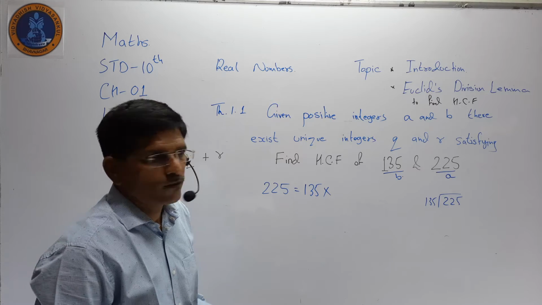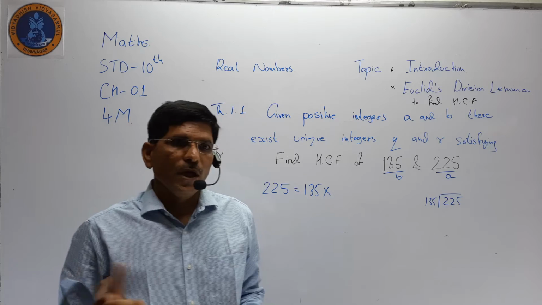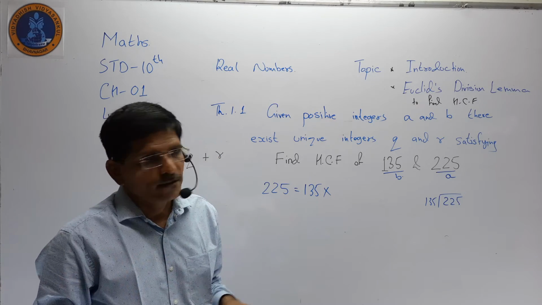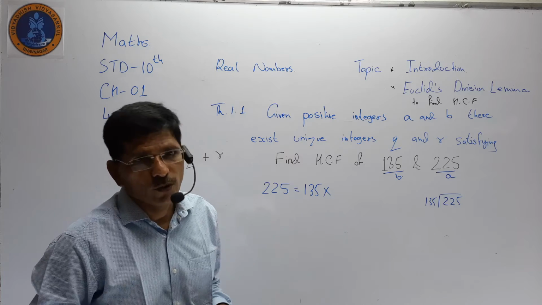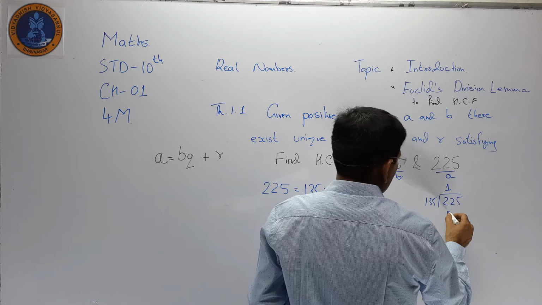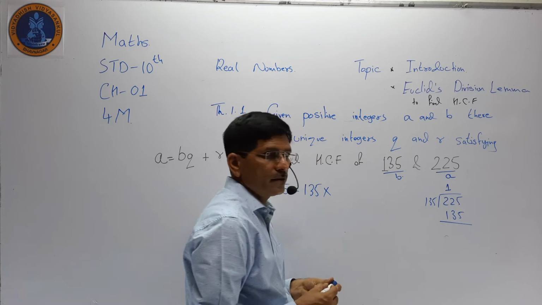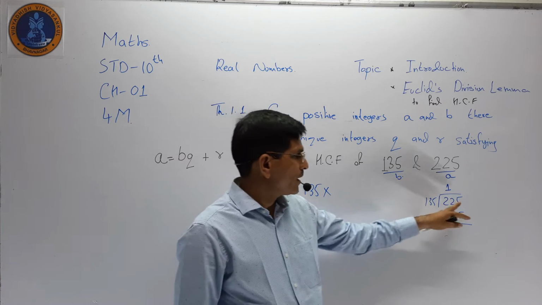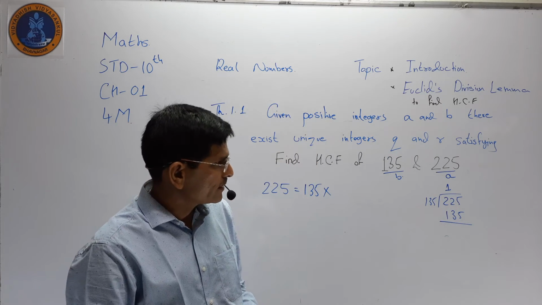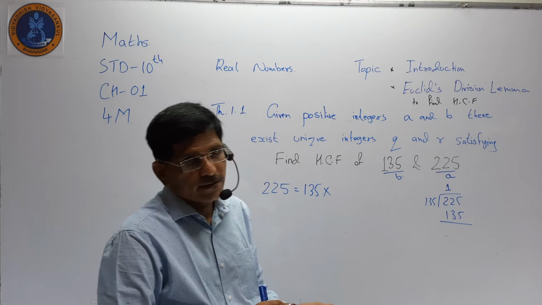135 ones are already we can give. We cannot go for 2 because 135 twos are 270, that is greater than 225. So I have to write 1 and 135. So 225 minus 135, that is 90.